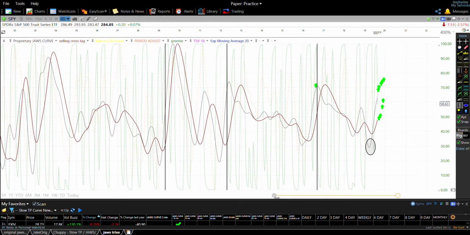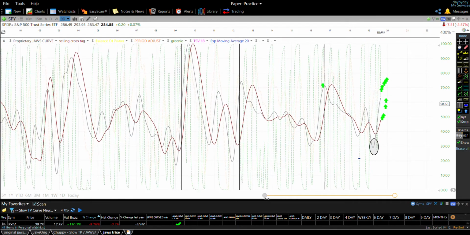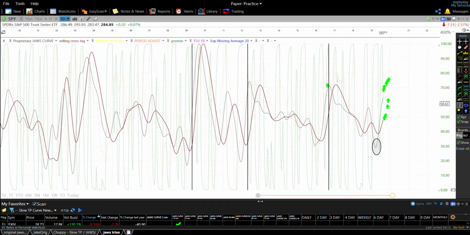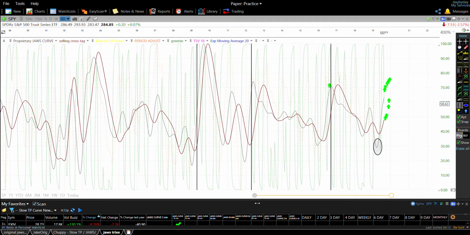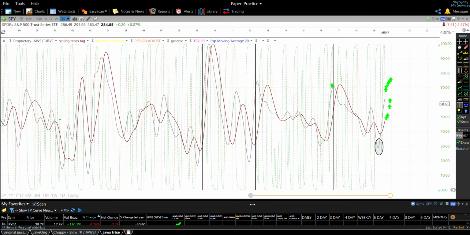And again, let's zoom out a little bit to the left and try to discover if there's any other ones that really stand out.